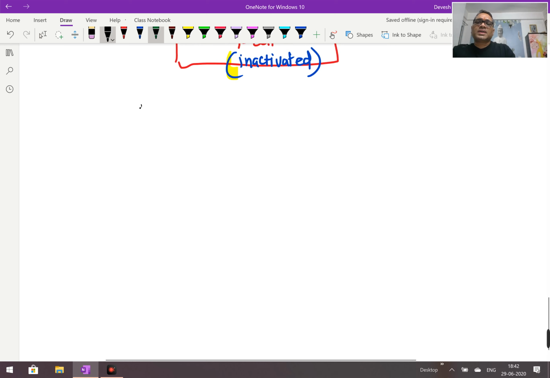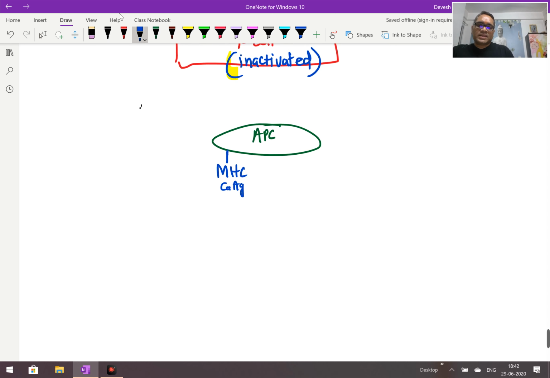Now I'm drawing this again so that you can understand again in a better way, in a more illustrative manner, right? As I have told you, there is an MHC complex which is having cancer antigen, right? And there is a B7 co-stimulatory molecule, right? And what is happening with the T cell?